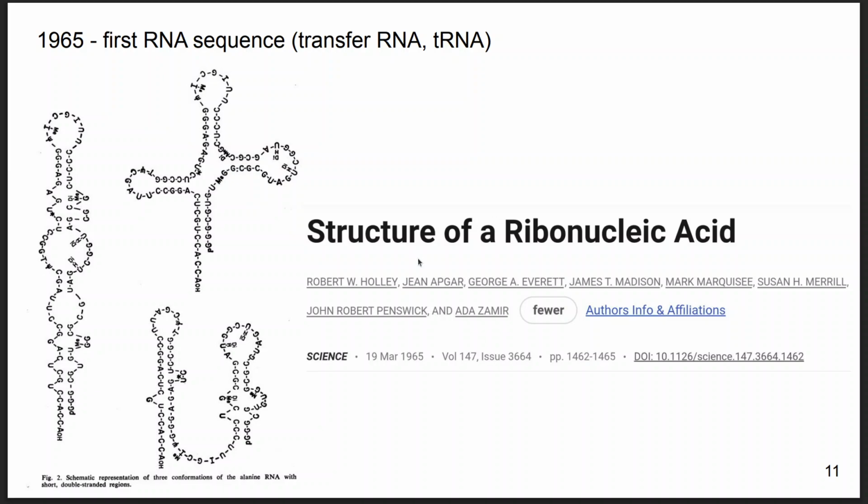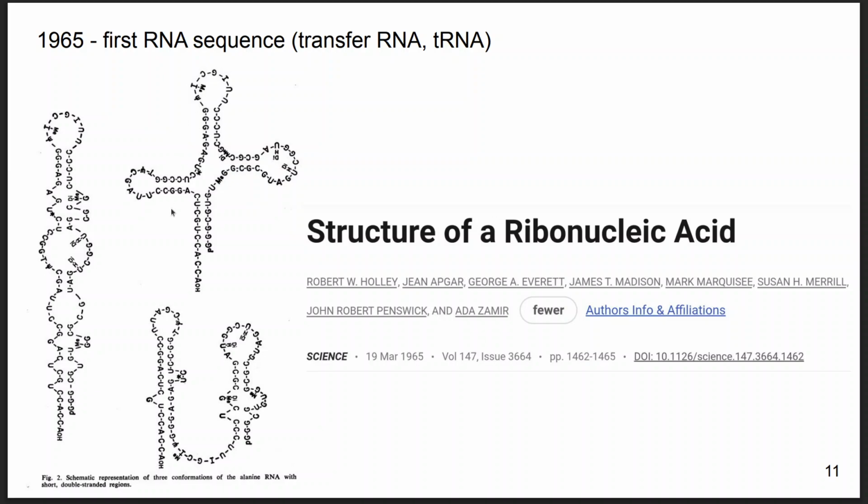The first RNA sequence of a tRNA was identified in 1965, and in figure 2 of this paper they featured three alternative predicted secondary structures for this RNA. They identified the sequence, but they didn't know the secondary structure, and the 3D structure was also unknown back then. So they hypothesized three structures.